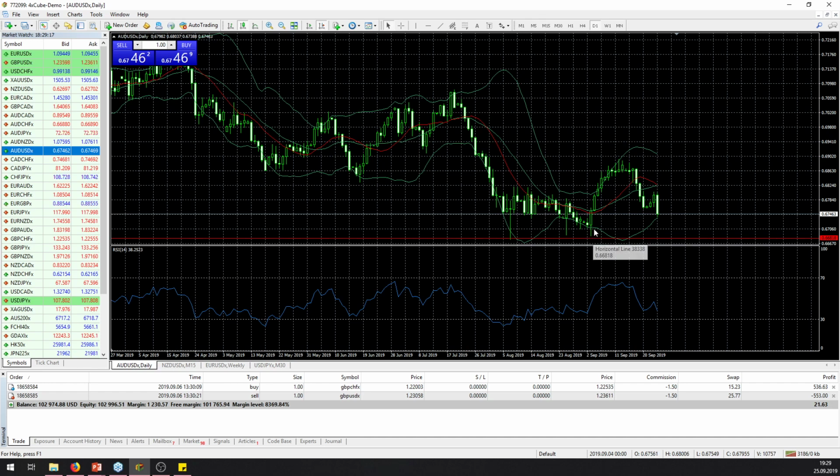You would put a stop loss here, and let's say a news event occurs, or Donald Trump makes a tweet, or we have some bad data on the economic calendar, for instance for the Australian dollar. The dollar would then strengthen against the Aussie, your trade would be stopped out there, and you're not going to lose more money.